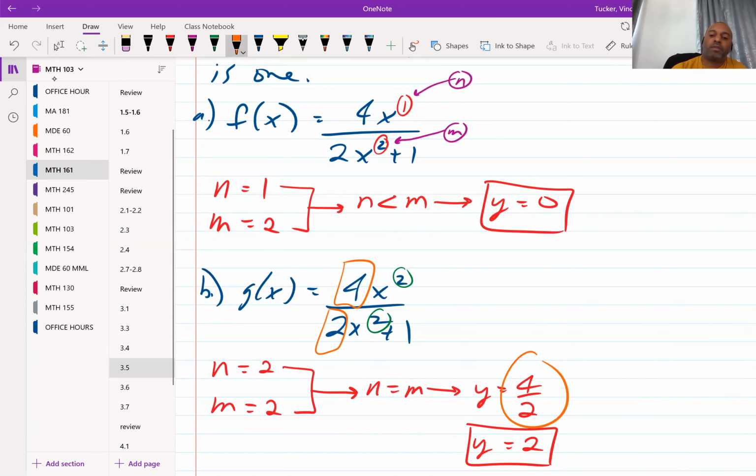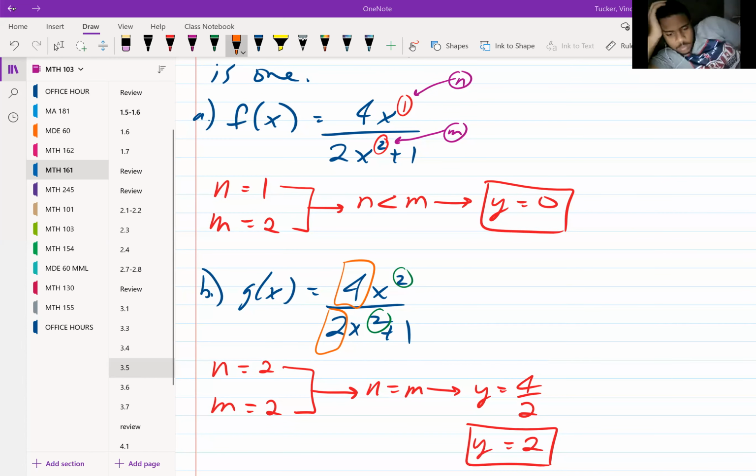That's what we did here, and 4 over 2 simplified to 2. Don't forget we're doing y equals for horizontal asymptotes. It ignores that plus 1, just 4 over 2.